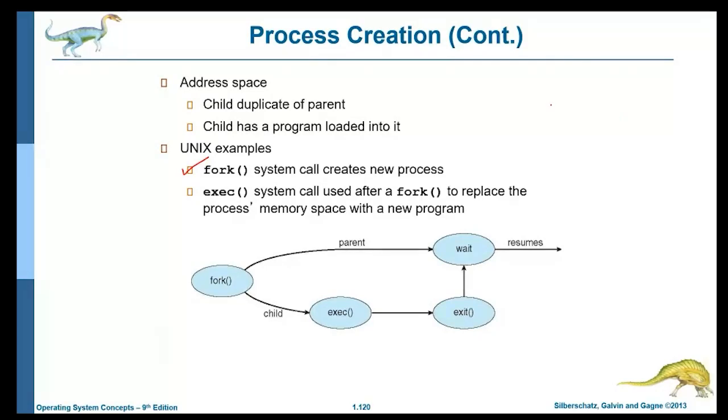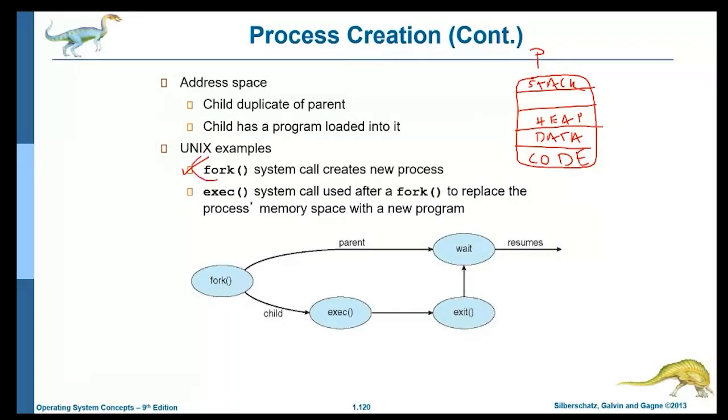What happens if you use fork in its most basic form is that the parent has some memory allocated to it, in which it has code, data, heap, and a stack at the top. We all know the use of all of these things. So let's just say this is the parent.